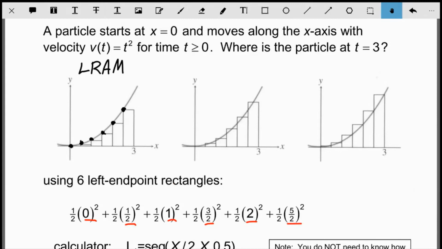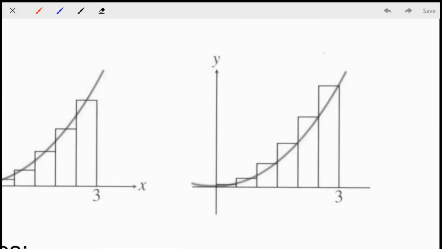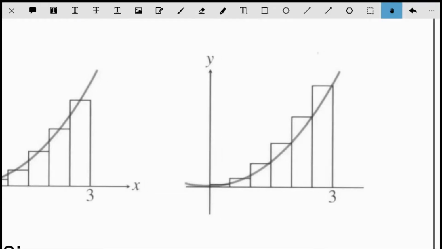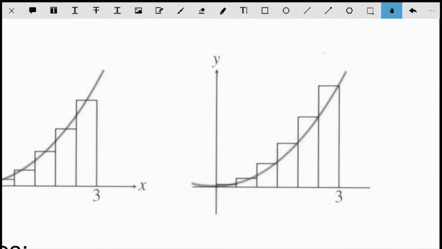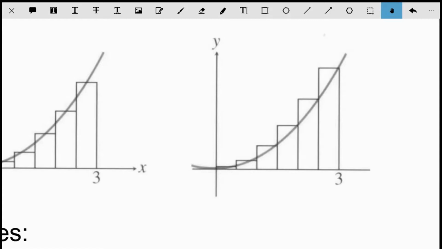Okay, so left-hand rectangular approximation method was one of the methods we could use. Let's switch over here to the one on the right. So on this one, if you notice, we have 6 subintervals again, but this time the height of each one of these rectangles is actually going to be determined by the right side of each subinterval.